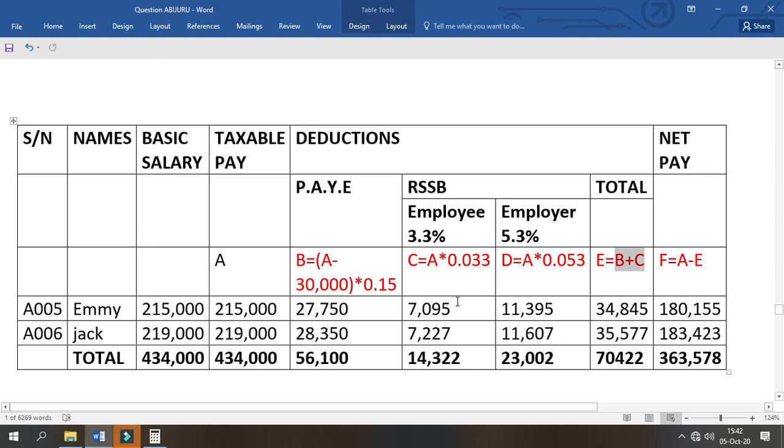We take 27,750 plus 7,095, which will be equal to 34,845.